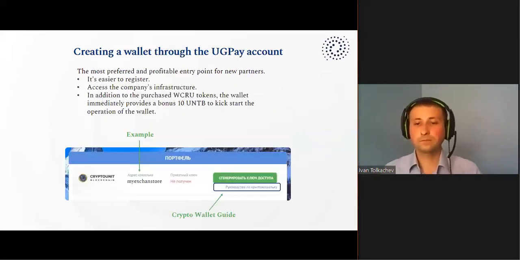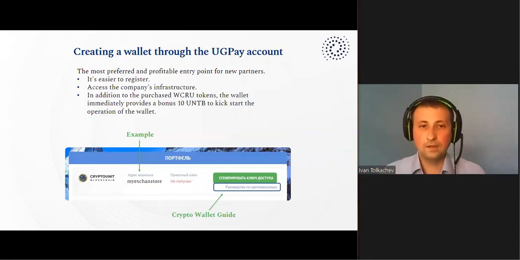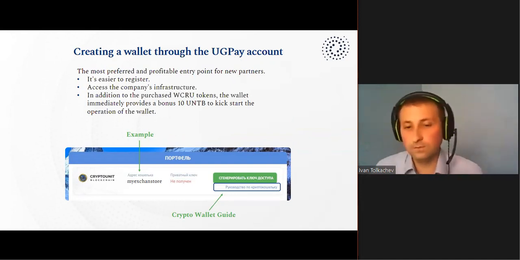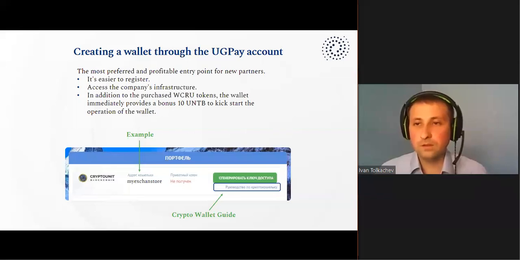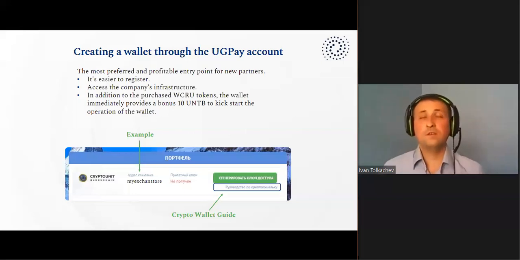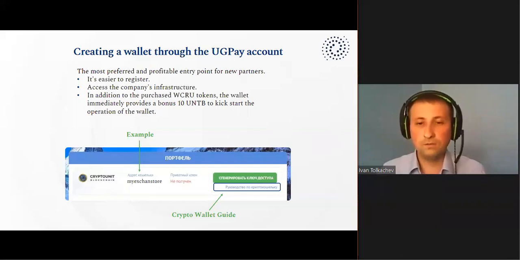The next option is to create your crypto wallet through the back office of UGPay. The UGPay way is the most preferable way for new partners. Let me remind you that UGPay Group is the company that has the exclusive rights to the sale of WCRU tokens.